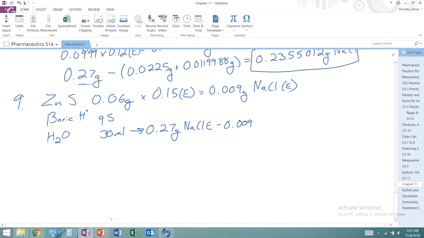So now we have to figure out the amount of sodium chloride equivalents that we would need. We find that we need 0.261 grams sodium chloride equivalents, but this isn't boric acid. So how do we change it to boric acid?